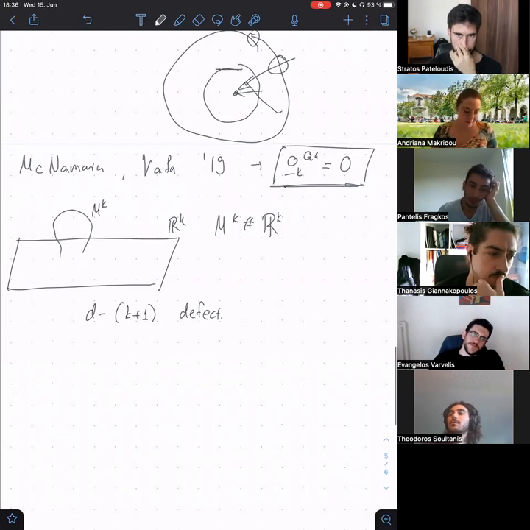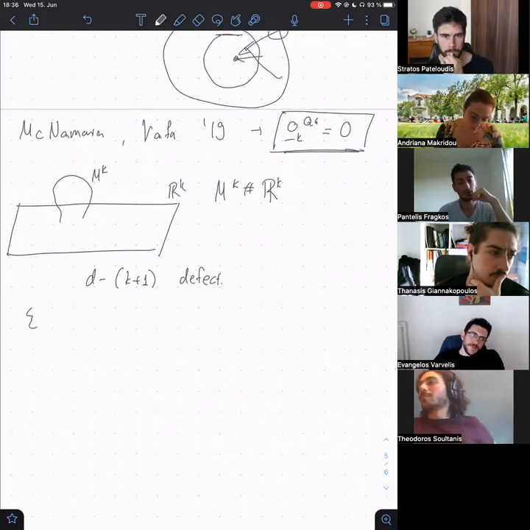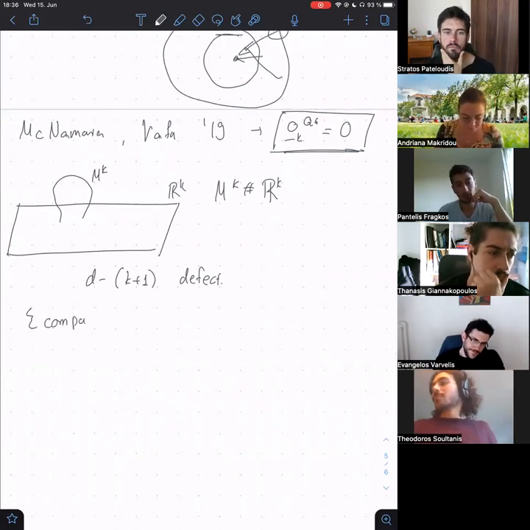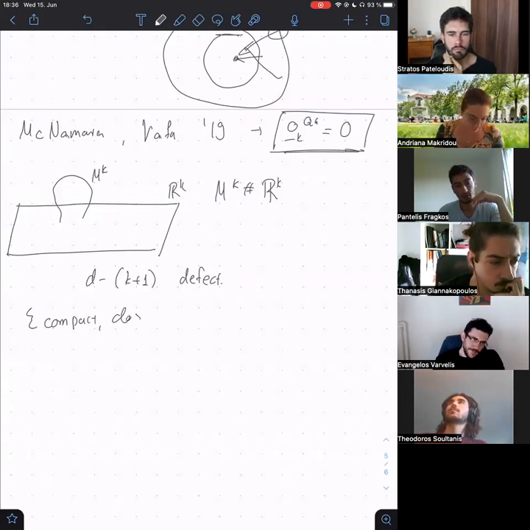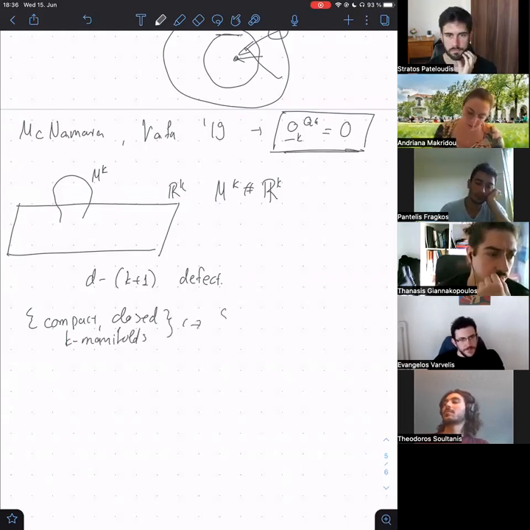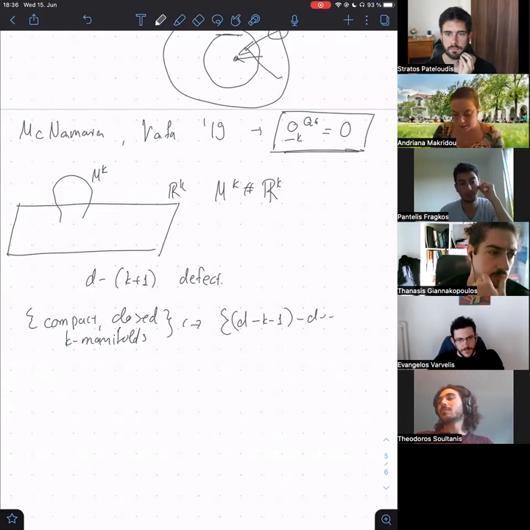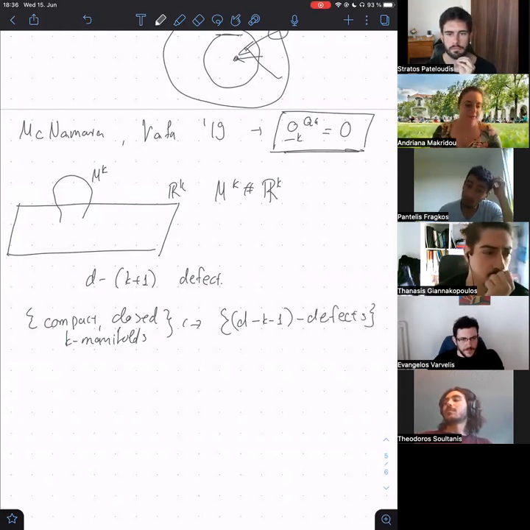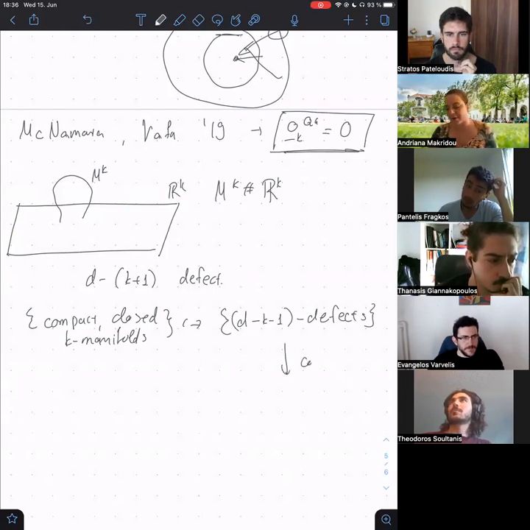And now the claim is the following, that all these closed k manifolds are associated with these d minus 1 minus k defects, and now you have the Cobordism invariants that are the so-called charges.